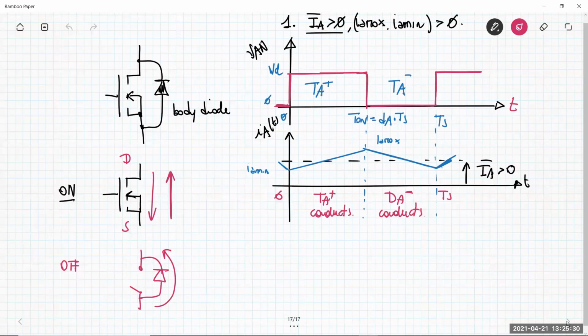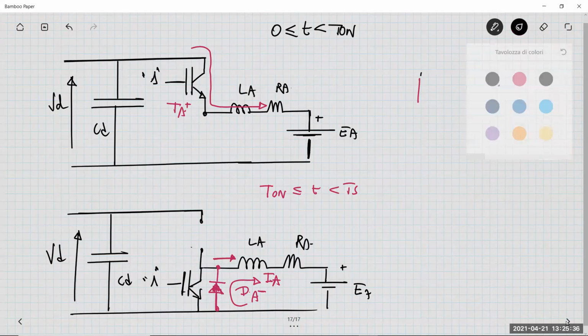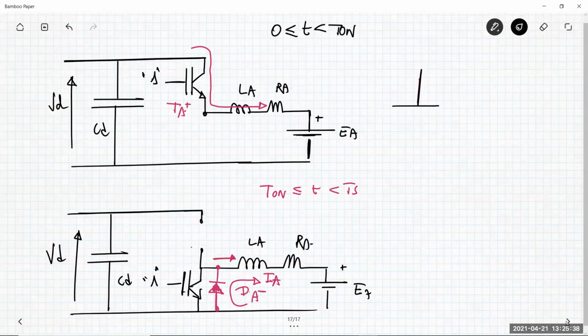Now something will be easily recognized. Remember the buck. In the buck you have basically here a switch, and then you have the diode.